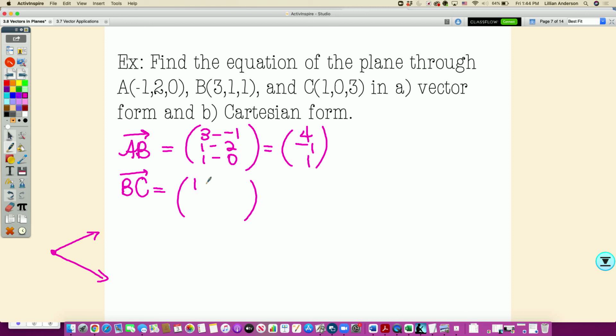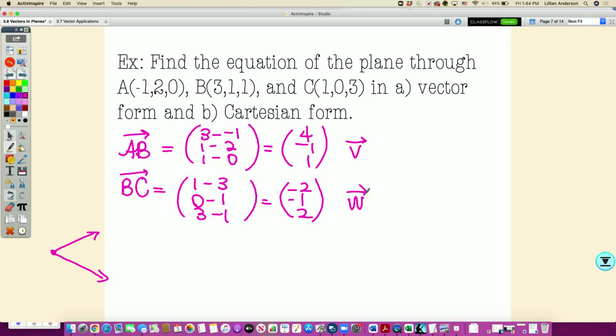So that's going to be 1 minus 3, 0 minus 1, and 3 minus 1, which is negative 2, negative 1, 2. So then this essentially represents our V vector and our W vector.